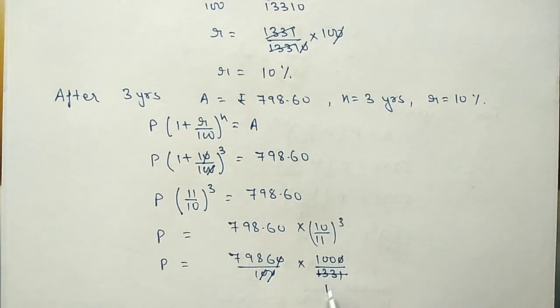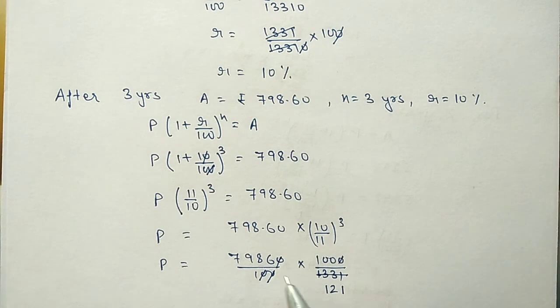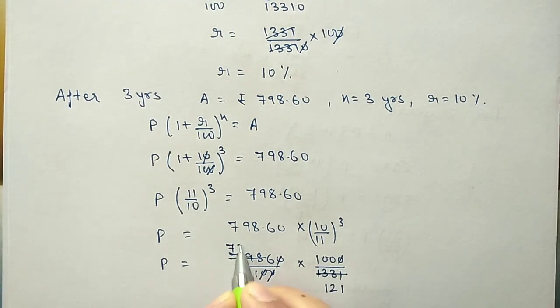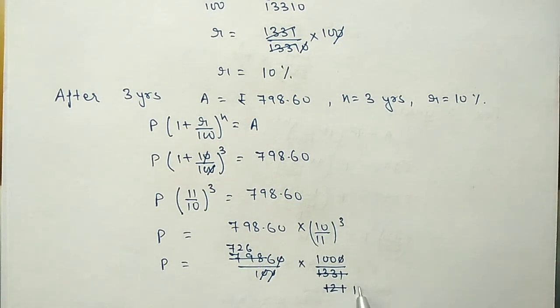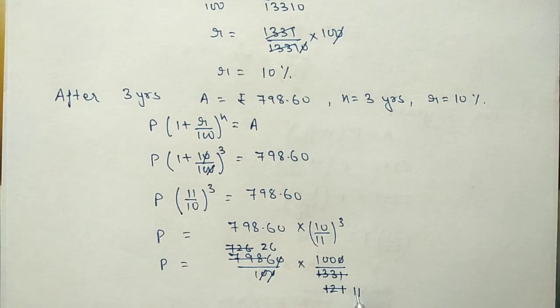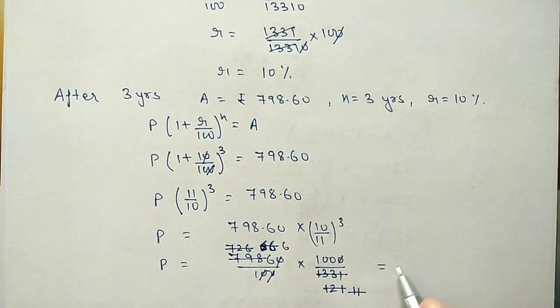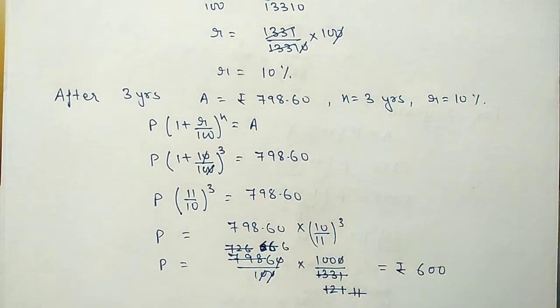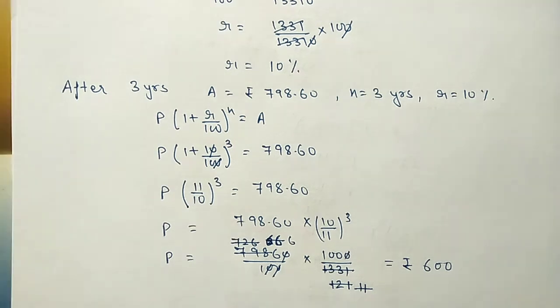Cancel with 11: 11 121s. Then 11 7s, 2s and 6s. Then 11 11s, 11 2s and 6s. 11 6s and 6s and 11 6s. So we will get here principal money is 600 rupees.